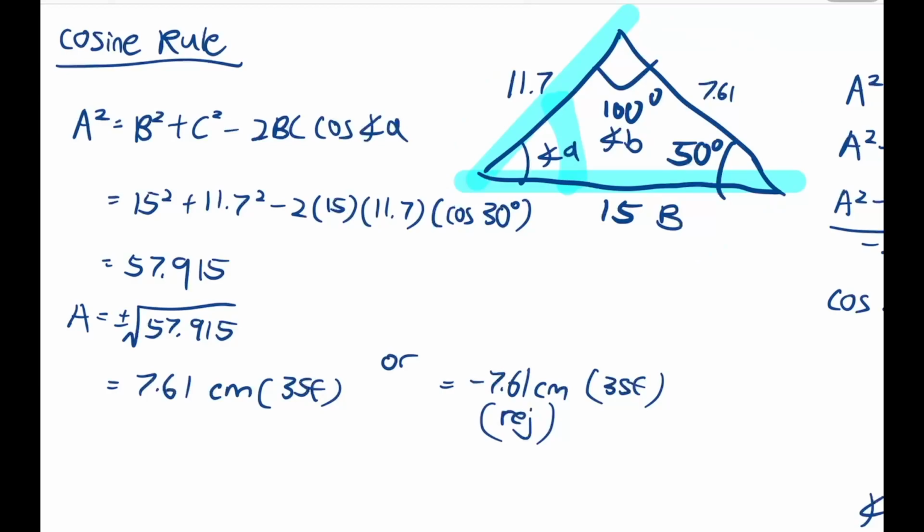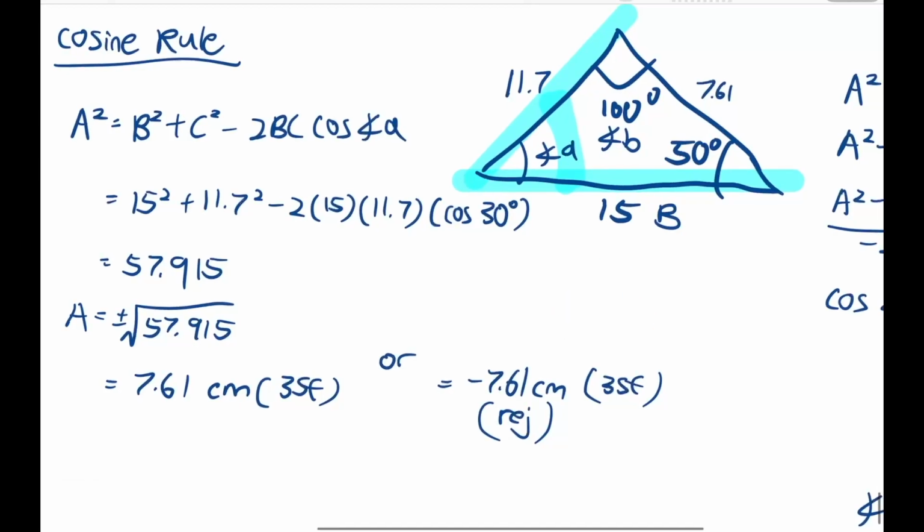For cosine rule, to use it to find length, you need to have this structure. It may not always look like this, it could look like this, but as long as you have two lengths and the angle sandwiched in the center, you can use the cosine rule to find this other length that is not highlighted. So that's just a quick one on how to use cosine rule to find length.